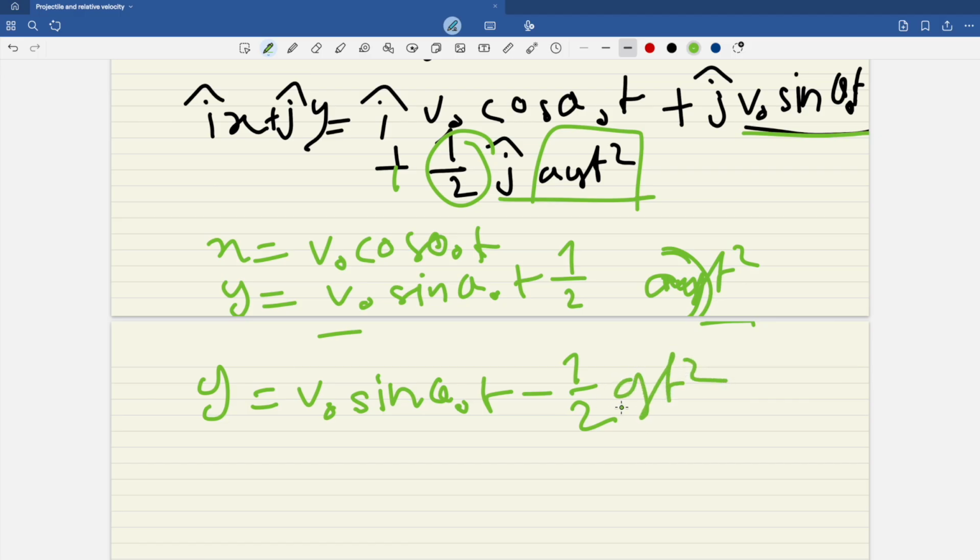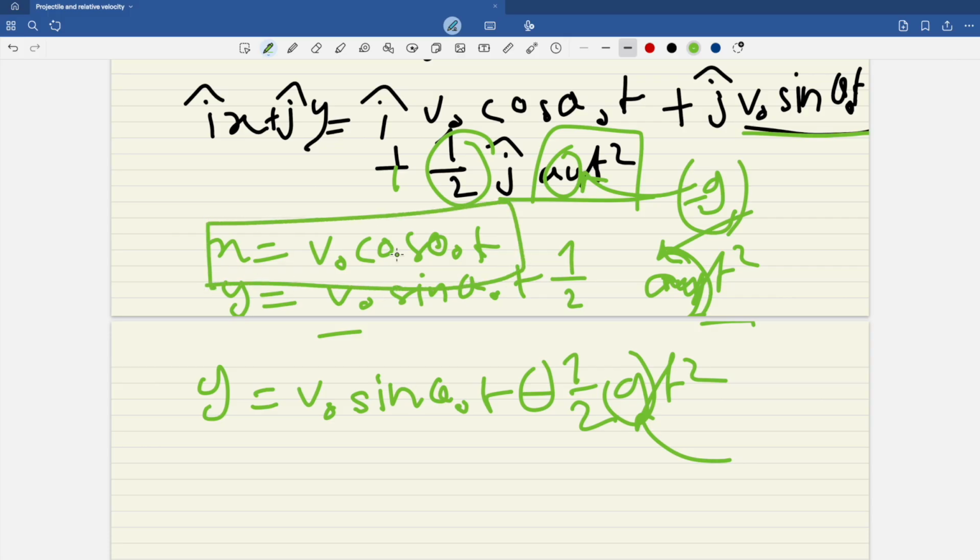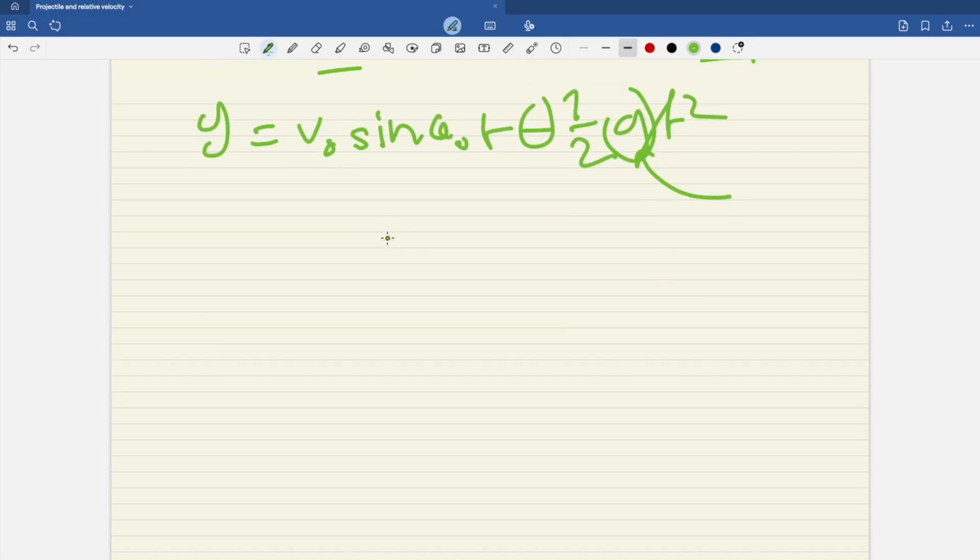Here the ay will be replaced as minus g, so there will be a minus g here, right? And x equals v naught cosine theta naught t.